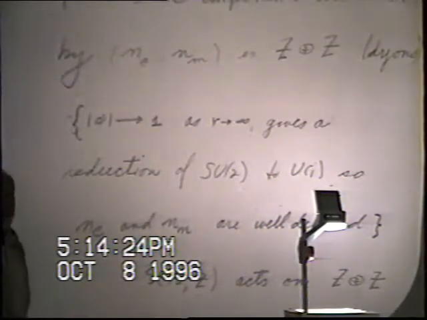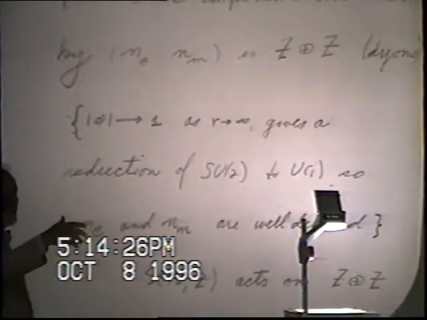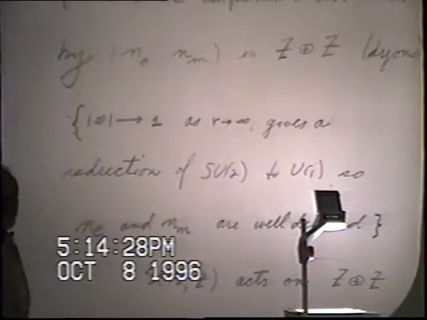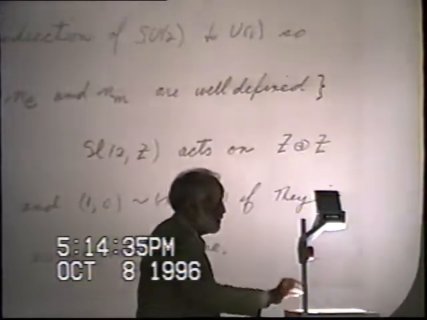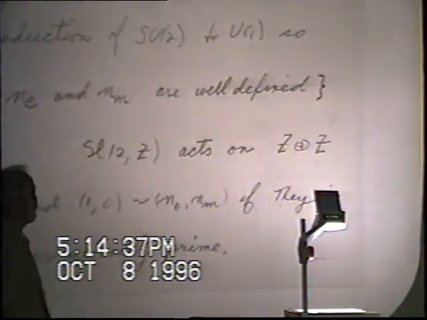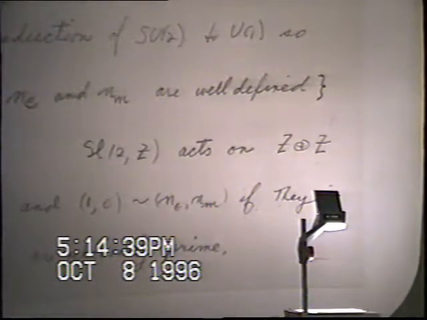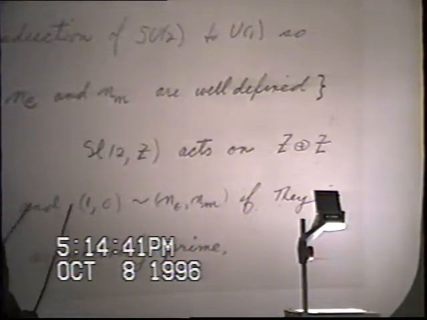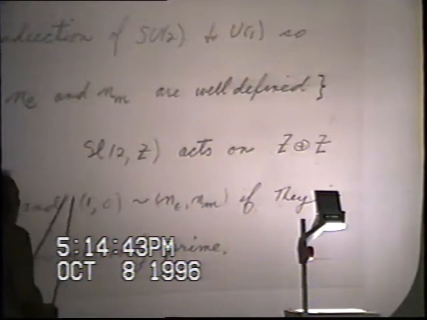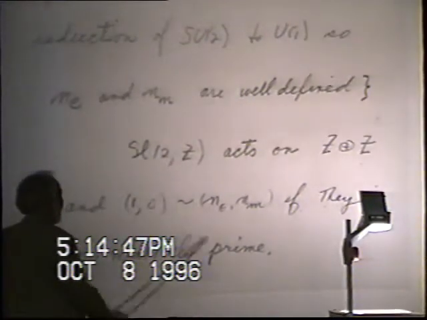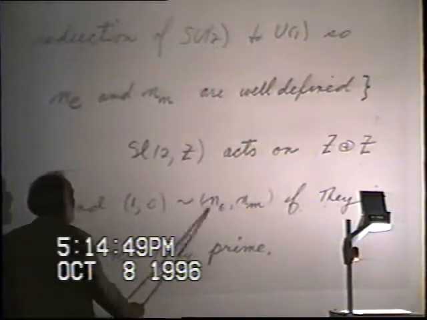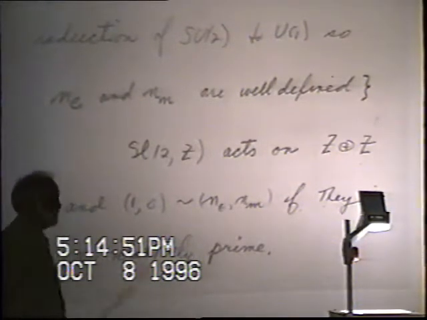And since we define charges in terms of integrals of magnetic field near infinity, the charges would still make sense. And SL2Z acts on Z plus Z, and for example, if we think of this as electric charge and 0 magnetic, it'll send it into a couple like this as long as these are relatively prime.